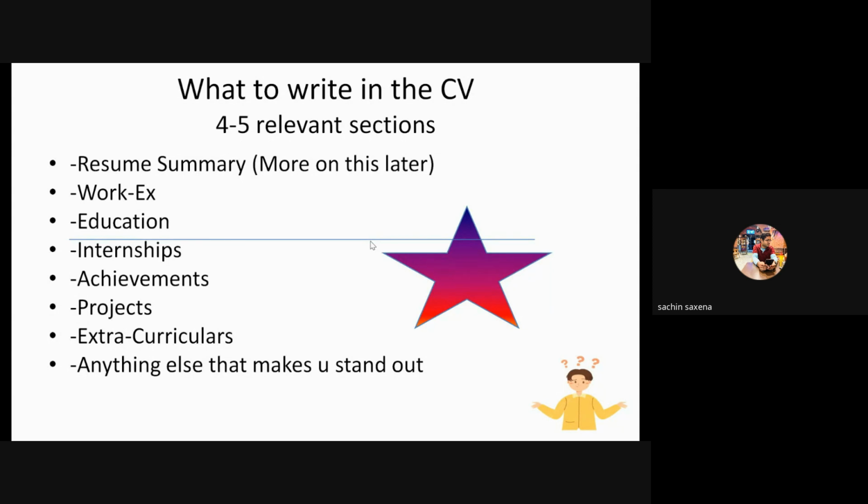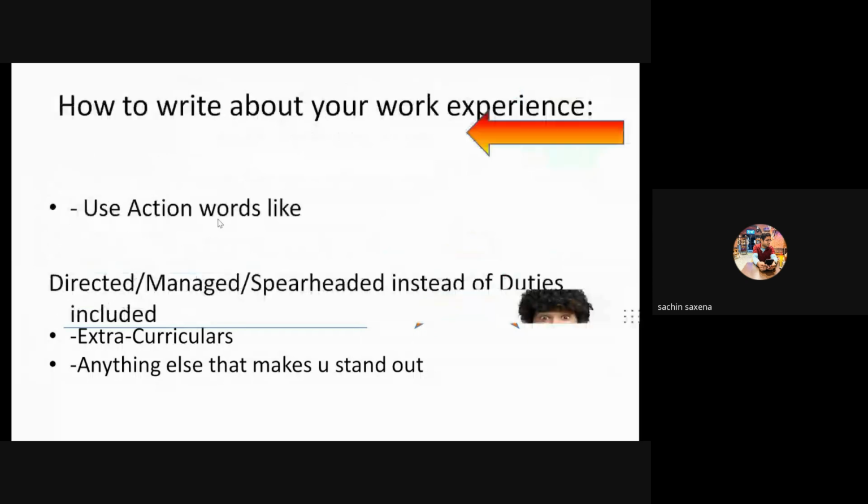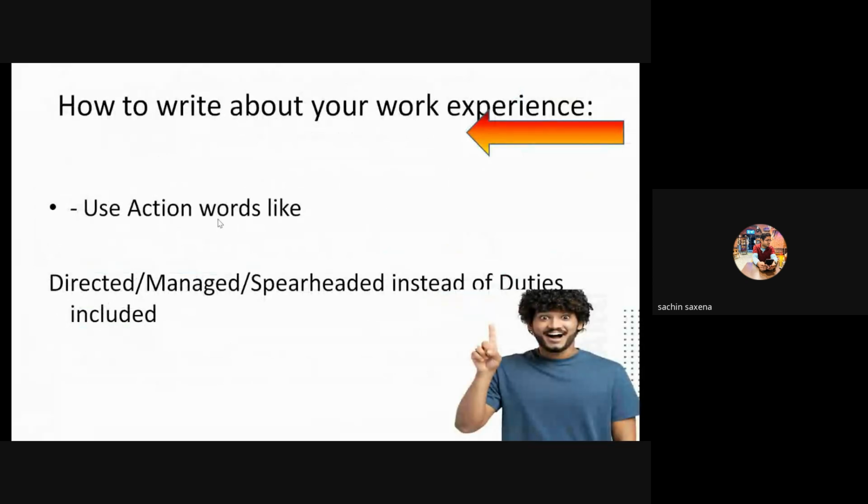Just write your percentage and the year in which you completed it. If you have done any achievements or projects, you can mention them in projects also, because companies are more interested in projects every time. So kindly do elaborate your projects, but not in a simple statement.